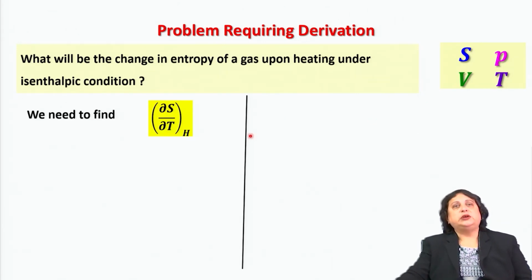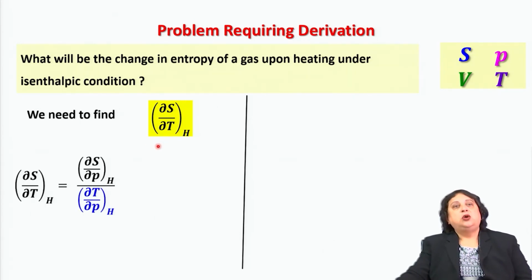So, what you would do is, you now try to understand that we need to find del S, del T, H. And in order to do this, I will introduce an additional variable P. So, I am going to write down del S, del T, H is equal to del S, del P, H divided by del T, del P, H.